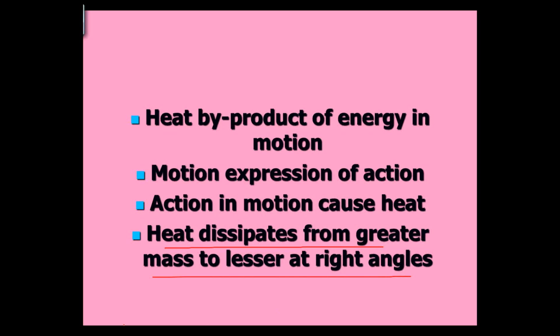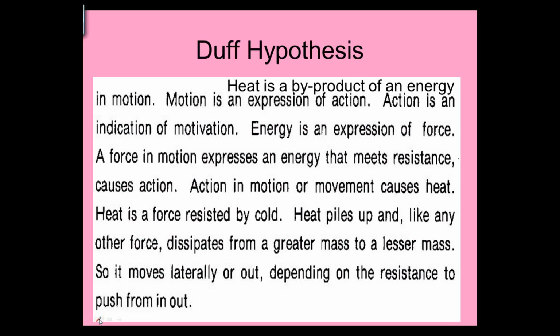And this is what Dr. Duff believed was what we would read when taking what they took as neurocalograph readings and what we're using with the Titron. This is an excerpt from his book, talking about how it would dissipate from greater mass to lesser mass, moving laterally out depending on the resistance.